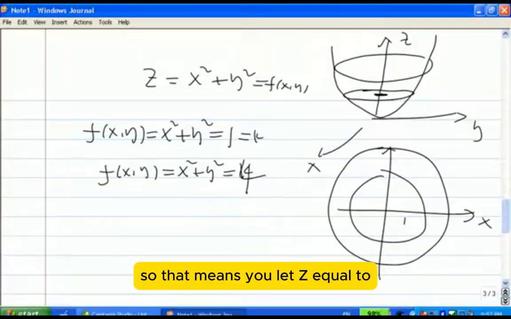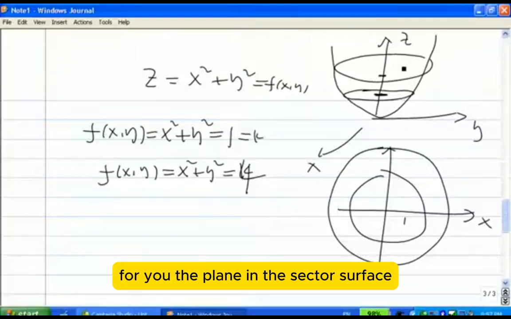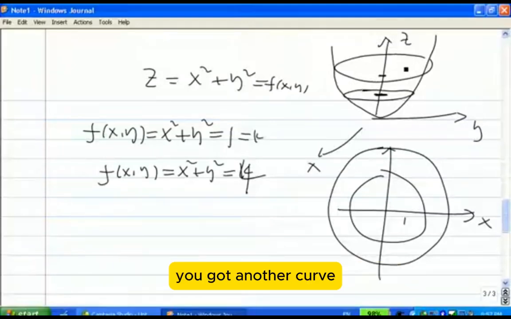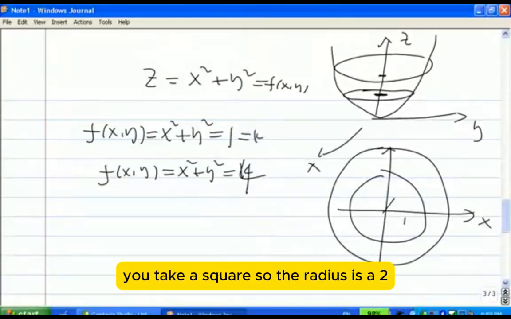That means you let z equal to 4 here. Z equal to 4 is a plane. In the intersection with the surface, you get another curve. This curve is another circle with radius 2, right? You take the square root. So the radius is 2.